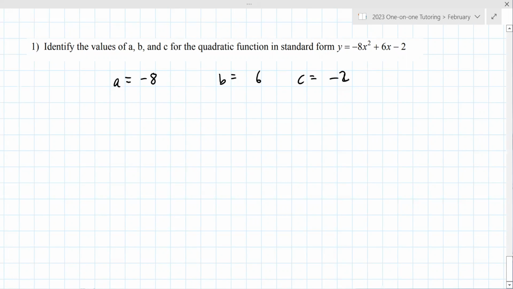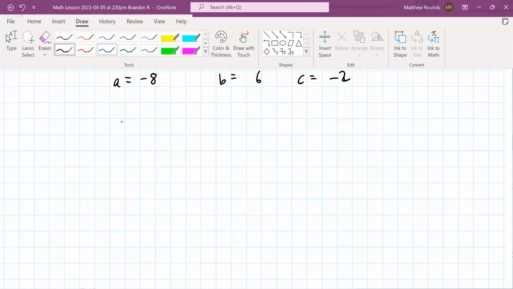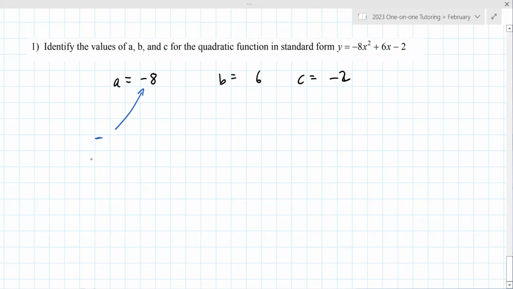Let's extract a little bit more out of this. With the -8, the negative means that it's going to open down. And this A is the same as in vertex form. The 8 tells you that it's a vertical stretch, because it's greater than 1.